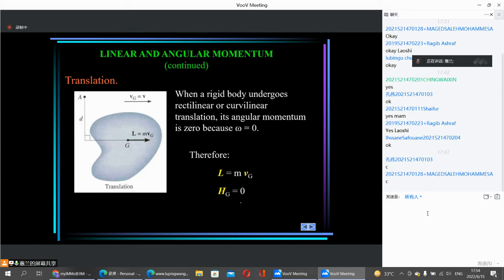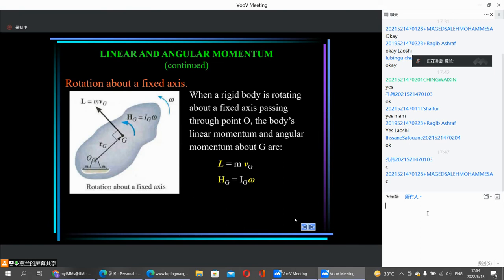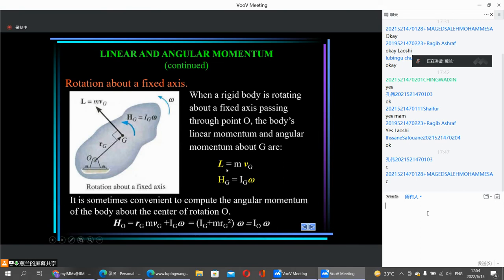And for rotation about a fixed axis, according to the definition, the linear momentum is equal to m vG. So you need to find the velocity of the gravity center, and vG is equal to rG omega, right?